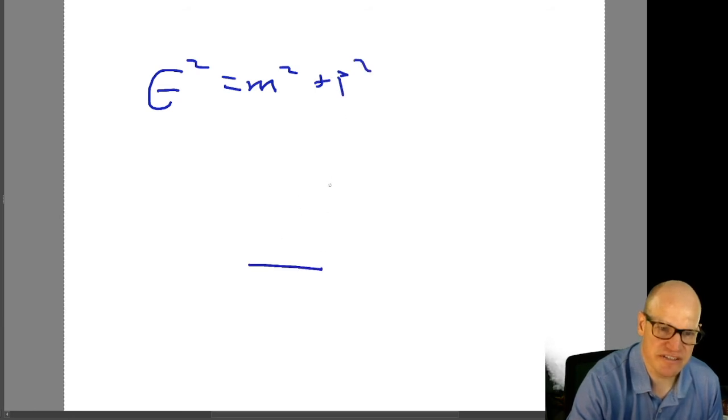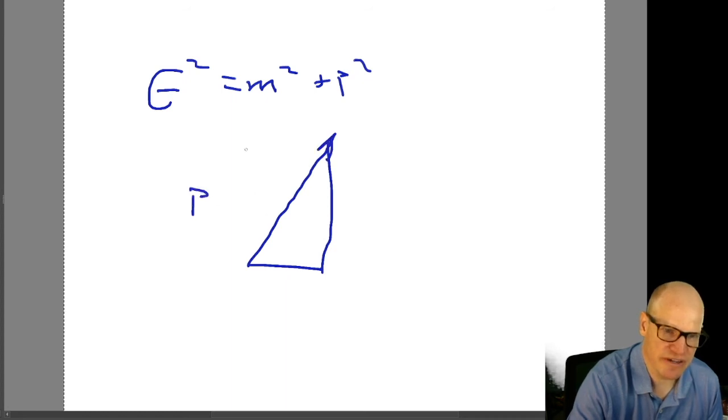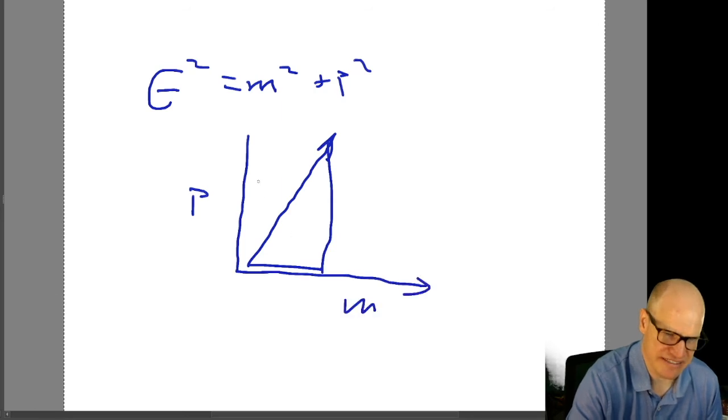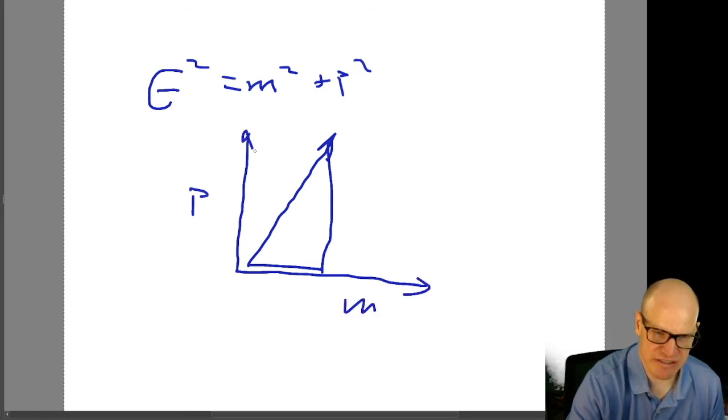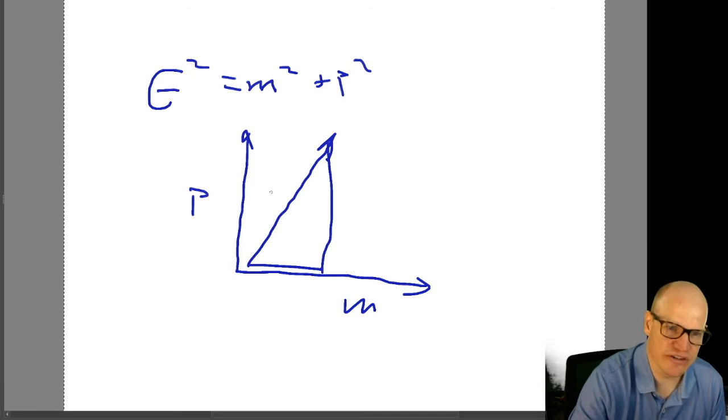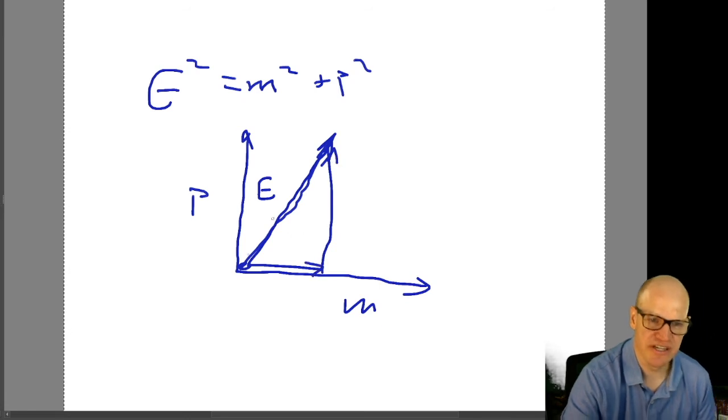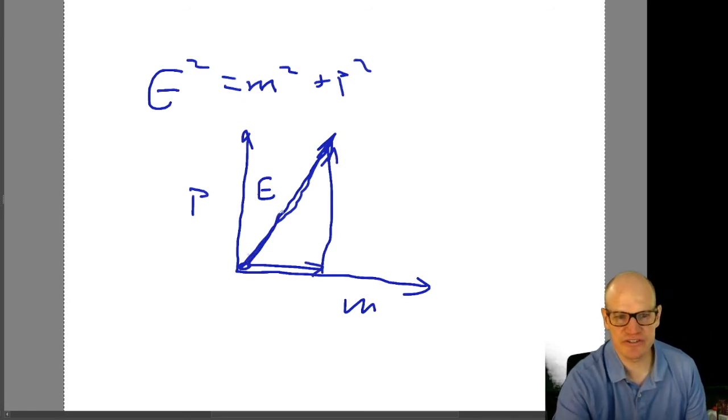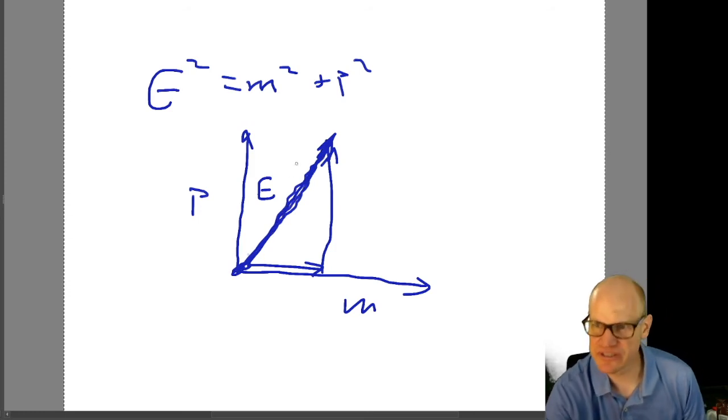That means this. So you have momentum on one axis, mass on the other axis, and the total energy is the hypotenuse of this triangle. So there's your momentum, here's your mass energy, and the total energy is the hypotenuse of that triangle. It's the magnitude of the vector connecting these two things.